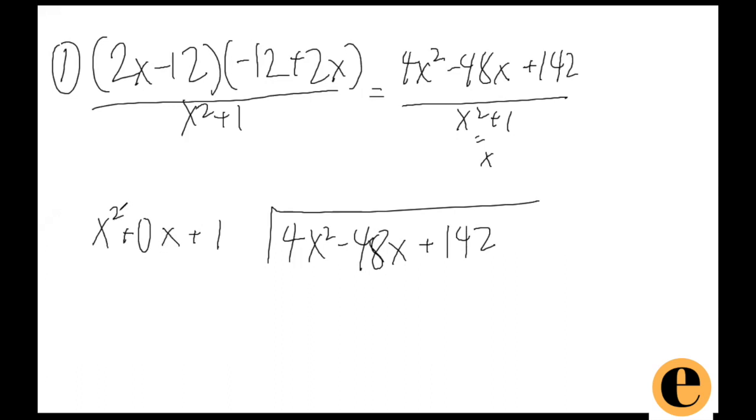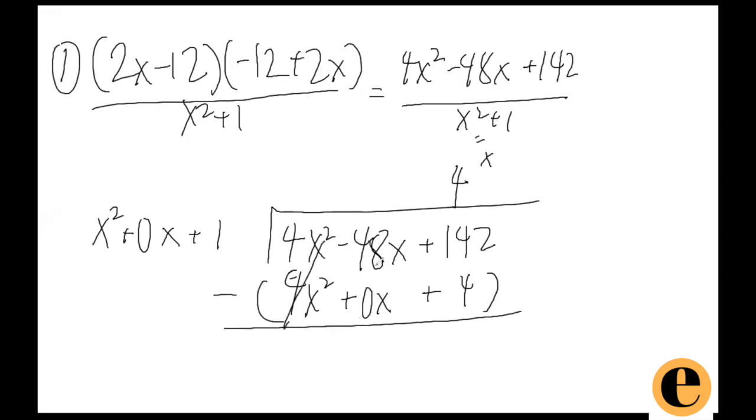Okay? So, here we have x squared and then 4x squared. So, 4x squared divided by x squared is equal to 4. Okay? 4 times x squared, 4x squared, 4 times 0x, that's 0x. 4 times 1, that's equal to 4. Minus, you will have 0.